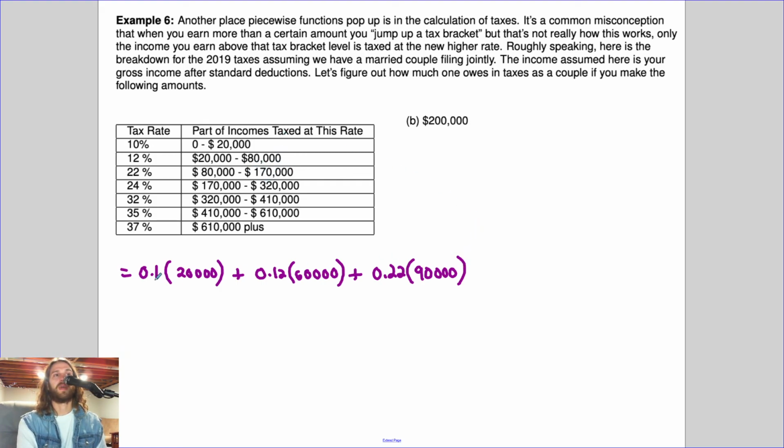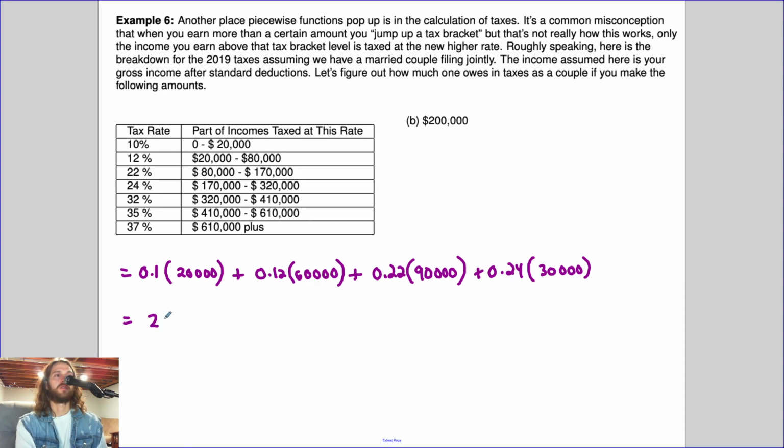So they're going to pay 10% here, 12% on the next 60, and 22% on the next 90. But then they're going to pay 24%, 0.24, on however much spills into this bracket, which, since 200 minus 170 is 30,000. Okay, so what does that look like?